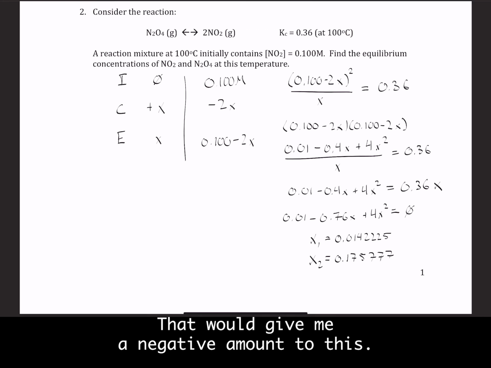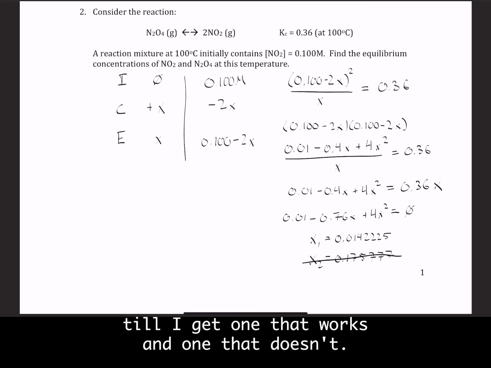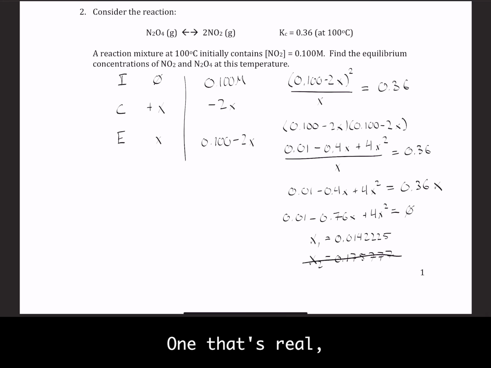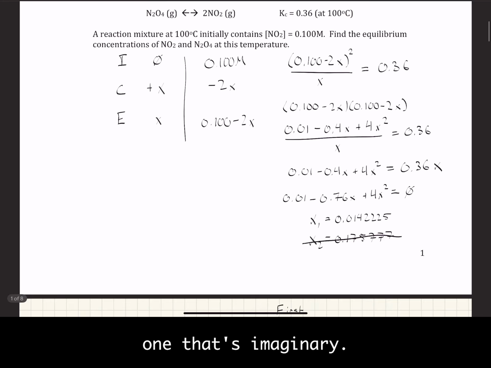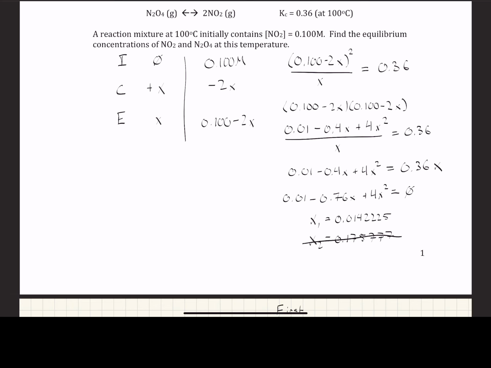That would give me a negative amount of this, so that one doesn't even work. That should always be the case. You'll get one that works and one that doesn't. One that's real, one that's imaginary, although not technically mathematically imaginary.